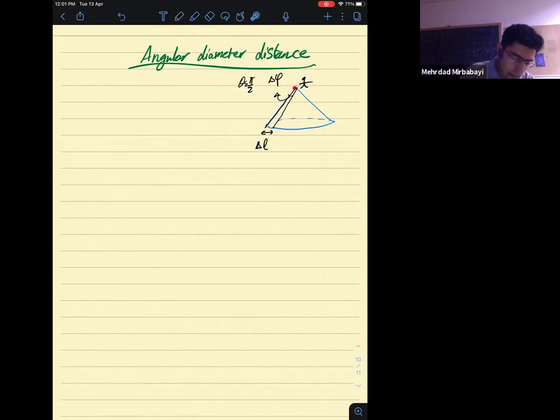But this radial distance on Minkowski is just the Minkowski time. Of course on our curved geometry, delta L is some function of z as we go back in time. And the question is, what is delta L? This is the physical length. What is delta L divided by delta phi? This is what is called the angular diameter distance.